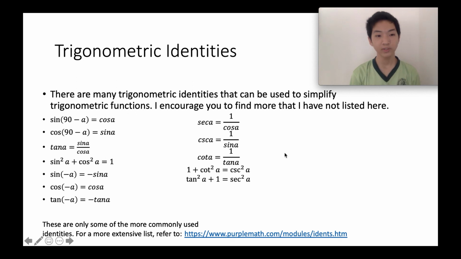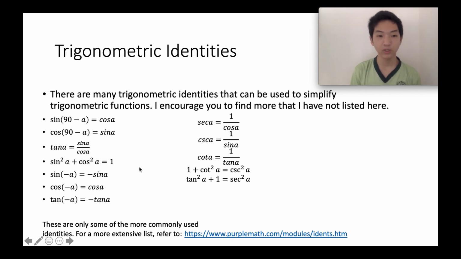So the most important ones are sine of 90 degrees minus alpha equals cosine alpha, where alpha is just any angle, and cosine of 90 degrees minus alpha is equal to sine alpha. It's also tangent alpha is equal to sine alpha over cosine alpha.